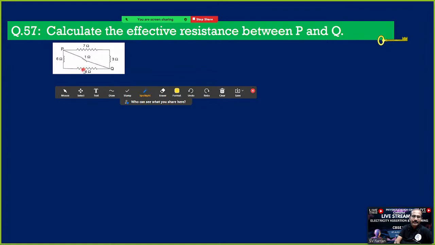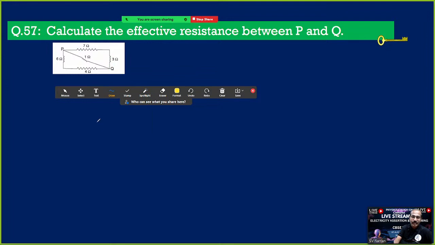In this case, what happened? We need to see that 7 ohm and 3 ohm are an end-to-end connection, yes or no? So this is an end-to-end connection in series.